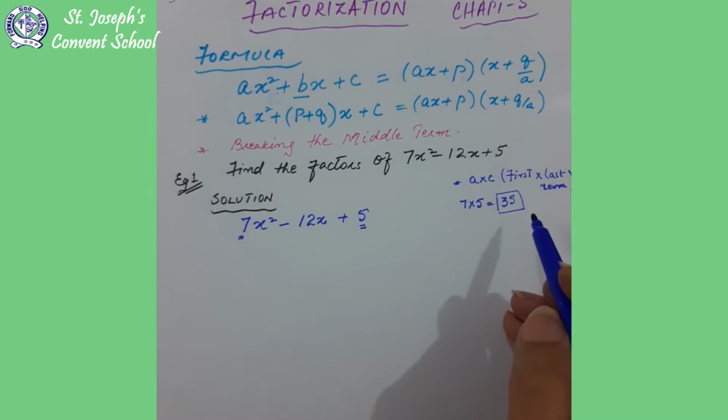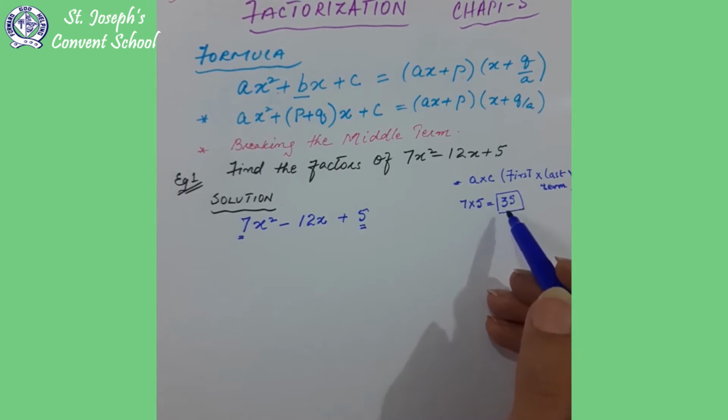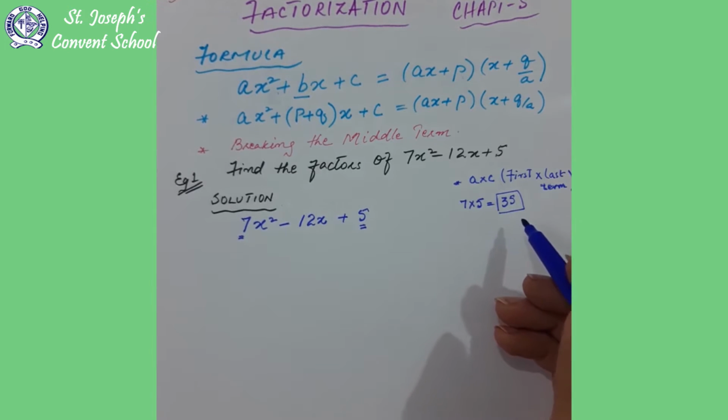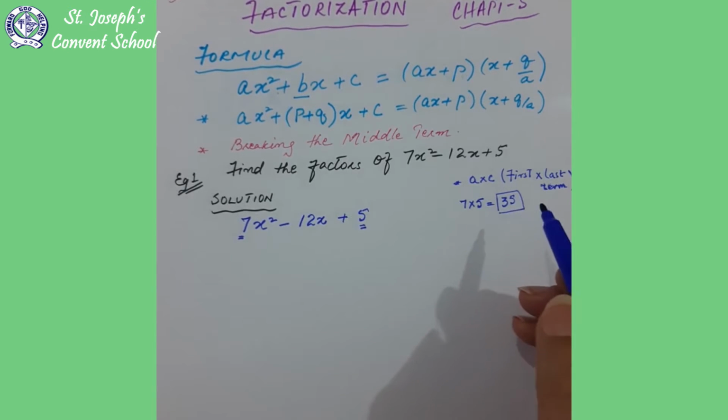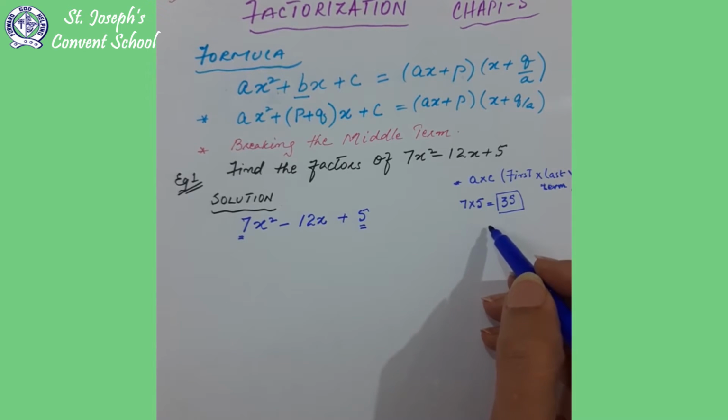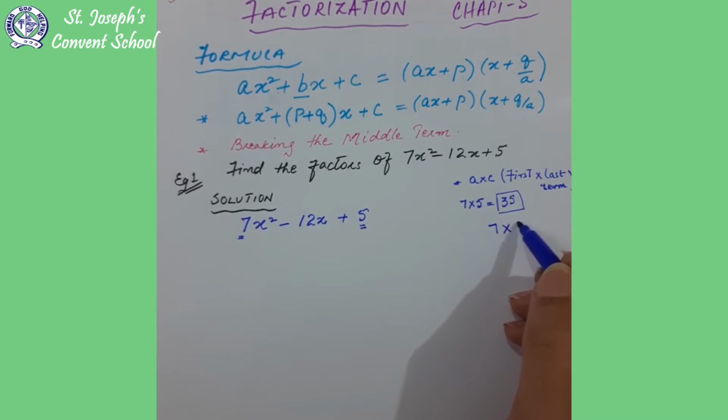So 35. Now you have to check in which table it goes. It goes in the table of 5 only, 5 into 7 or 7 into 5. So it means that two factors are 7 and 5. And when you add these two, 7 plus 5, you get the middle term.